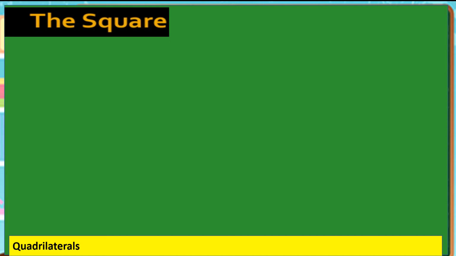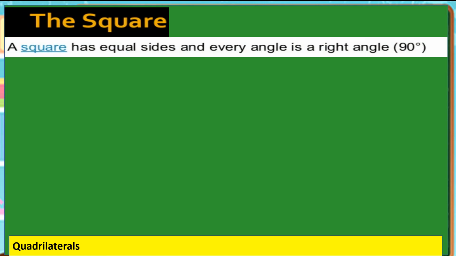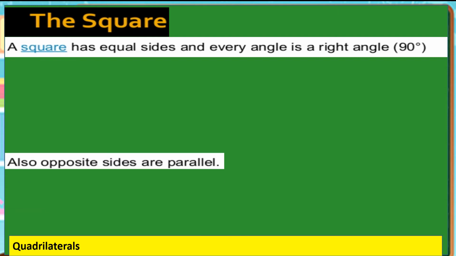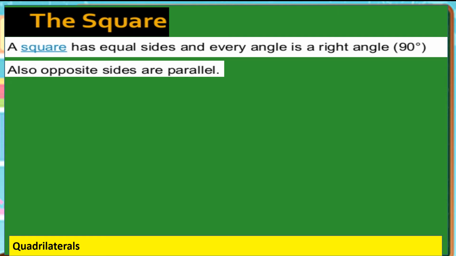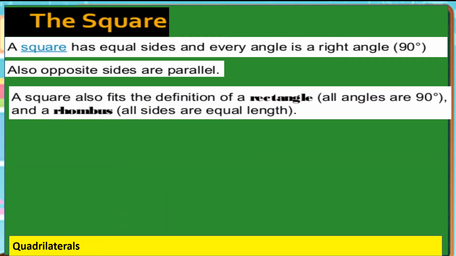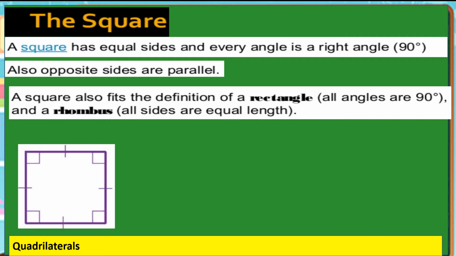The square. A square has equal sides and every angle is a right angle, or 90 degrees. Also, opposite sides are parallel and congruent. A square also fits the definition of a rectangle, where all angles are 90 degrees, and of a rhombus, where all sides are of equal length. So here is the figure of a square.